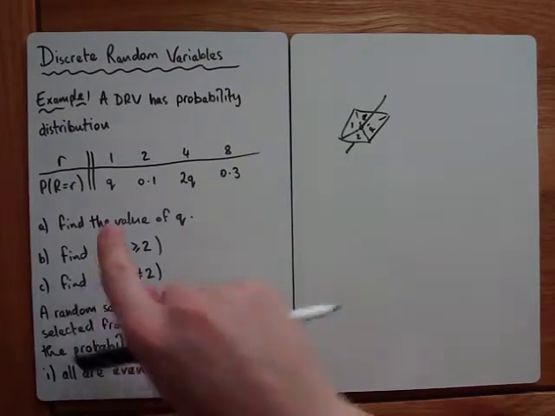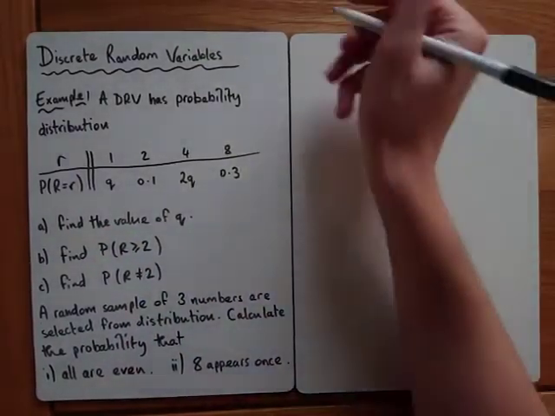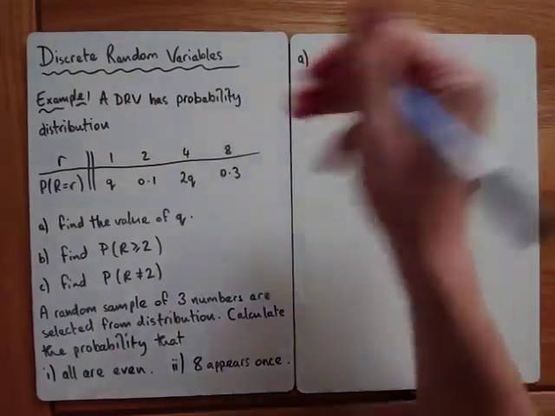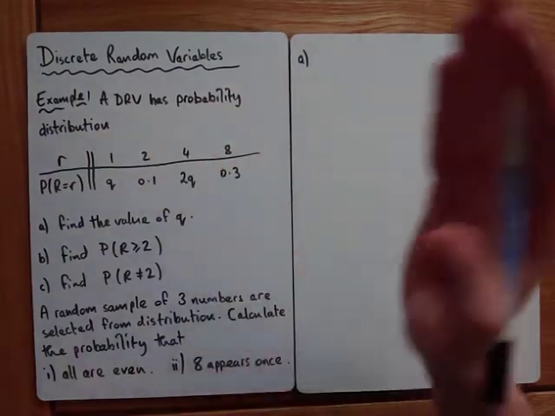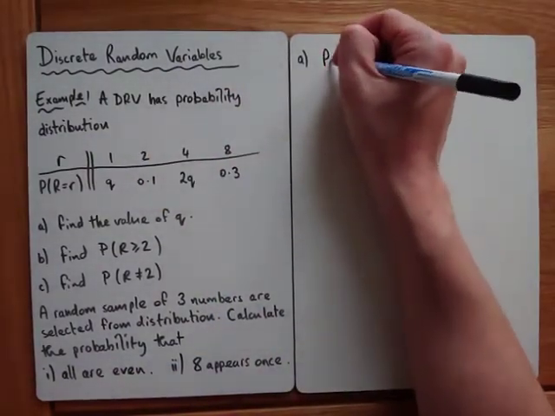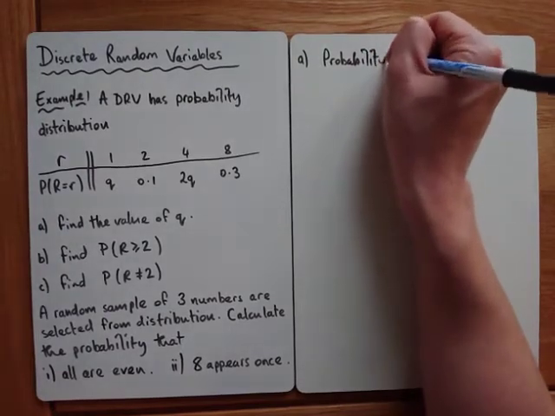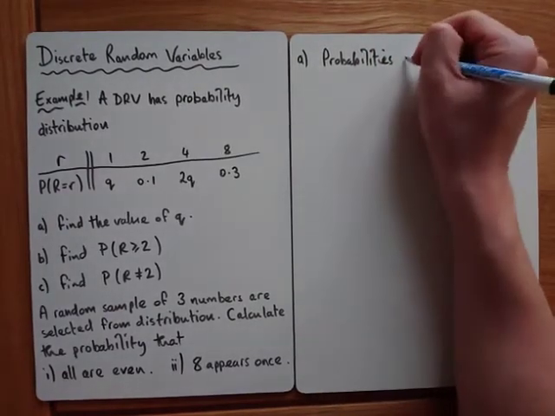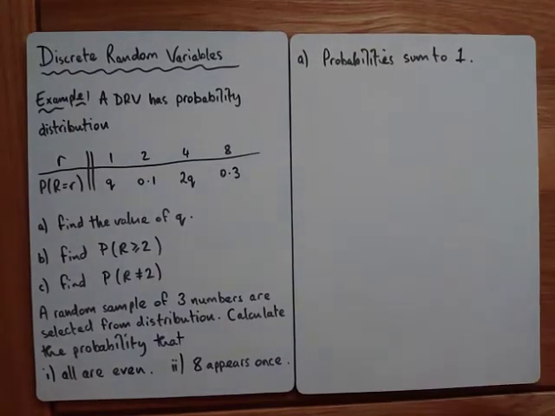So if you want to find the value of Q, you definitely want to highlight this in your notes. If it gives it to you in a table like this, and because it's a discrete distribution, there's only these possible outcomes, the probabilities will always sum to 1. And that should be pretty obvious if you think about it.